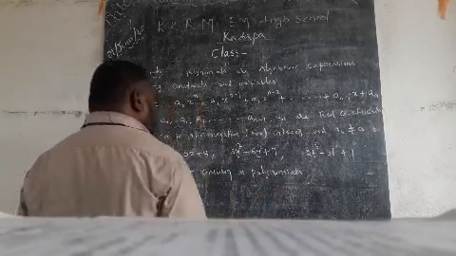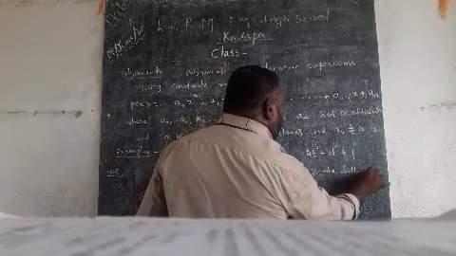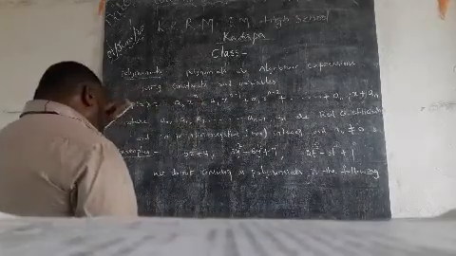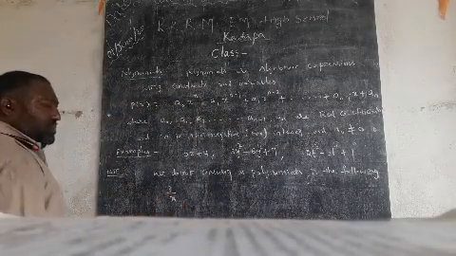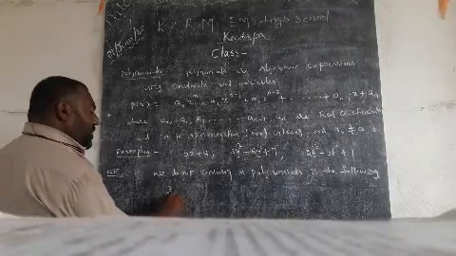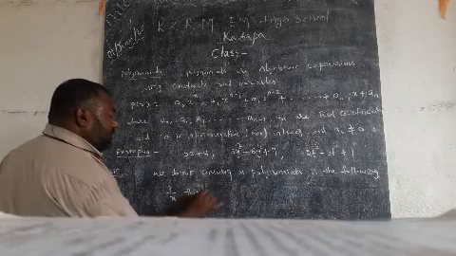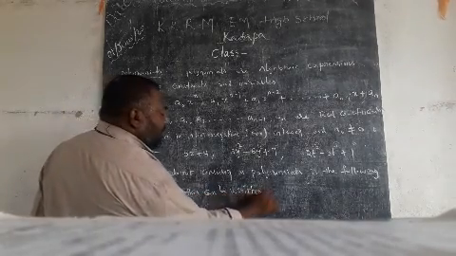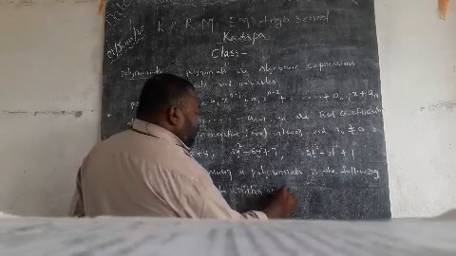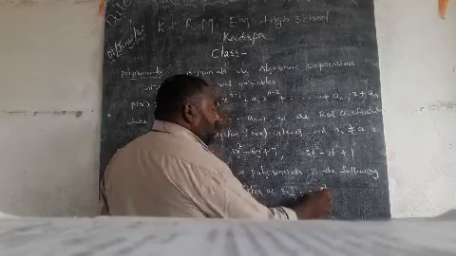For example, 3 by x. 3 by x is not a polynomial. This can be written as 3 into 1 by x, which is equal to 3 into x power minus 1.